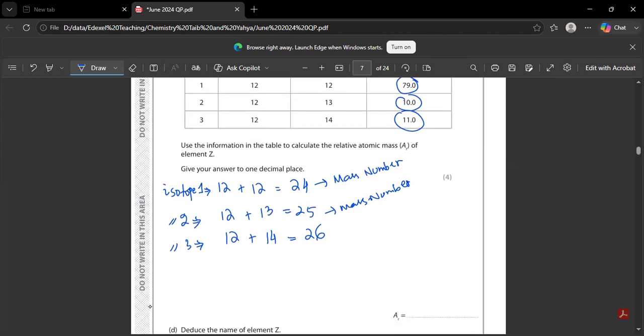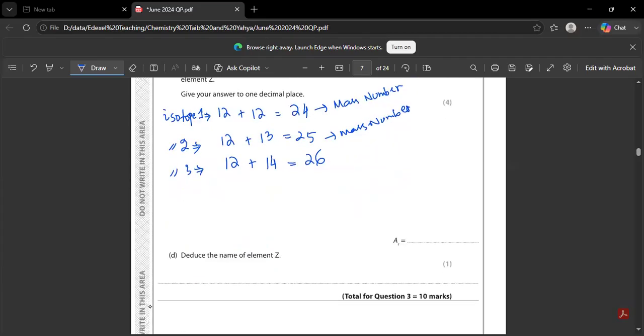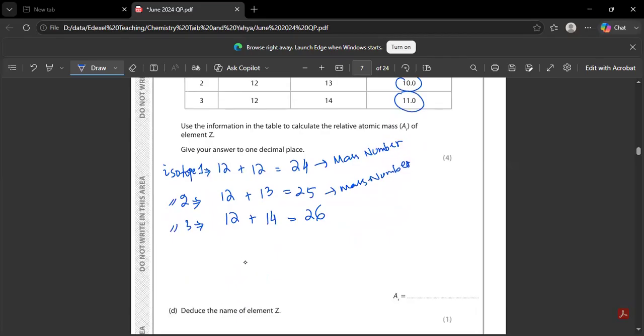So how are we going to find out? We'll multiply the mass number with the percentage abundance, and then we will divide by 100, right?